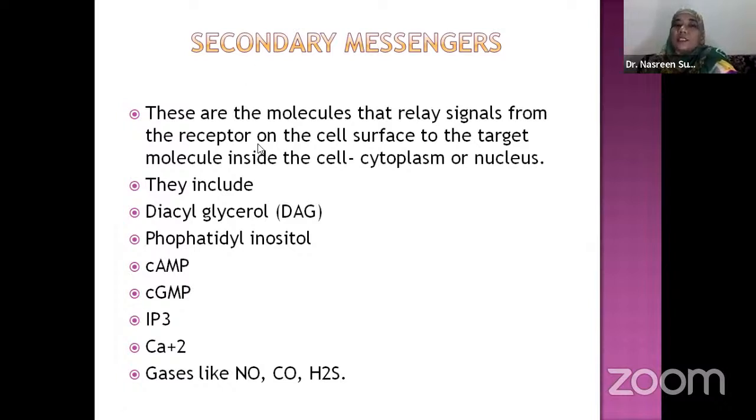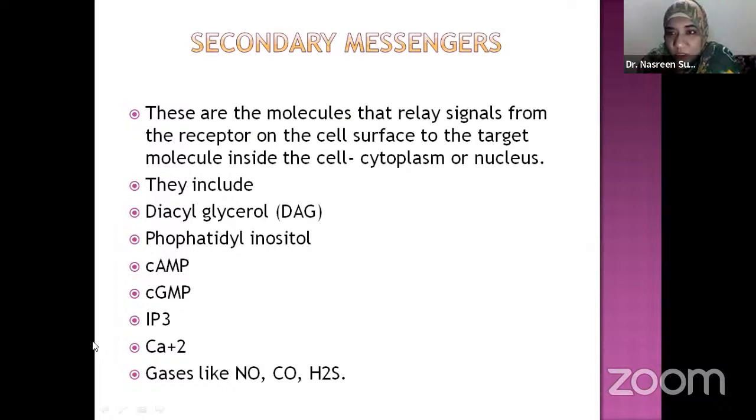The secondary messengers are diacylglycerol (DAG), phosphatidyl inositol, cAMP, cGMP, IP3, calcium, and gases like nitric oxide, carbon monoxide, and H2S. Very important. Examples of secondary messengers come up in competitive exams, in 2 marks questions, everywhere.